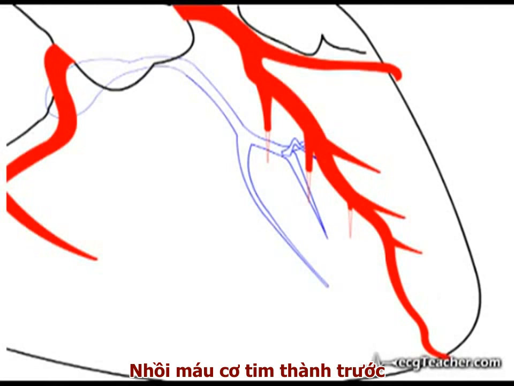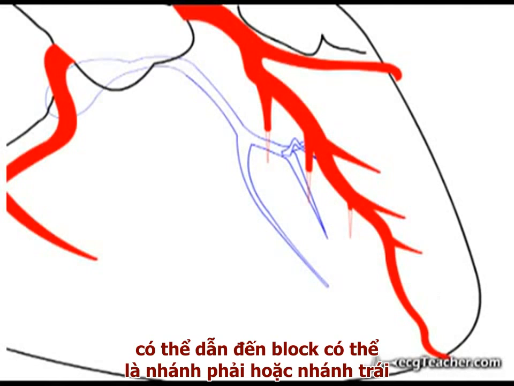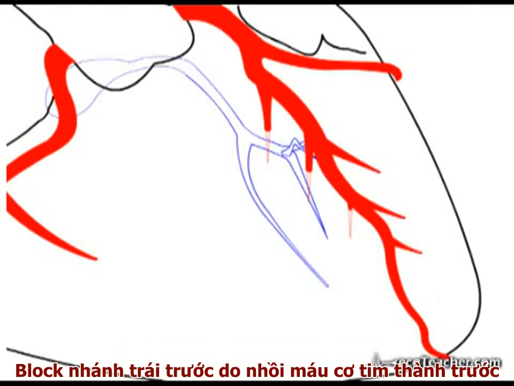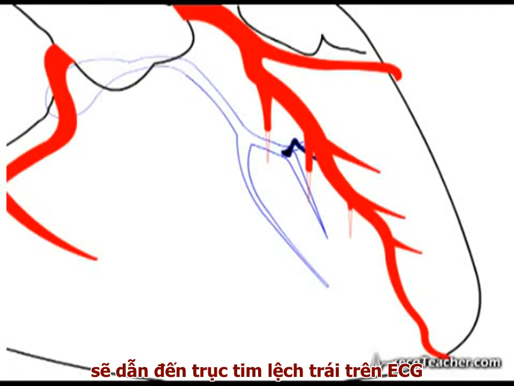Anterior myocardial infarction may therefore result in blockage of conduction in either the right or left bundle branches, resulting in new onset right or left bundle branch block on the ECG, while left anterior fascicular block developing in anterior MI will give rise to left axis deviation on the ECG.